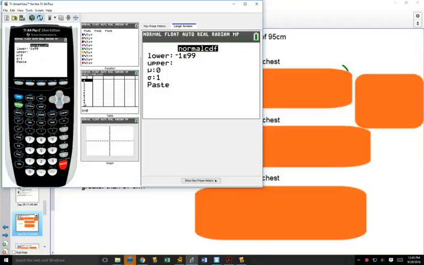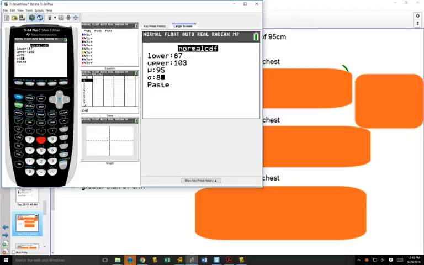For our question, we want to find between 87 and 103. So our lower score is 87, our upper score is 103, our average was 95, and our standard deviation was 8.